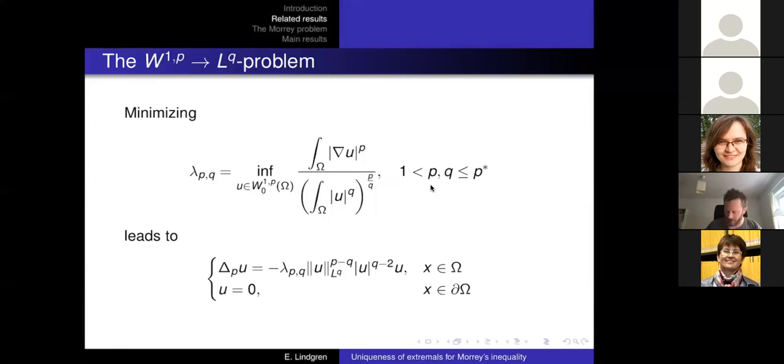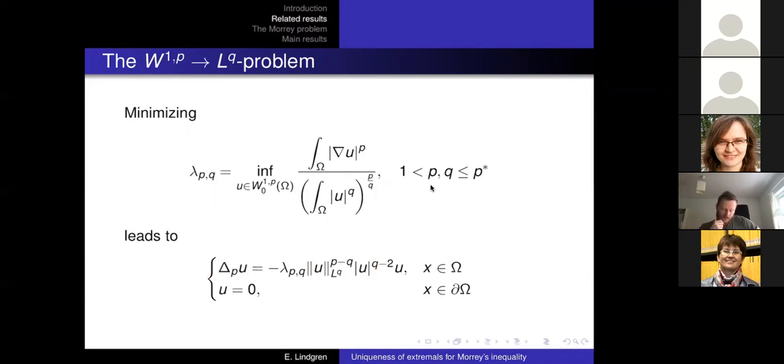And then, of course, you need some restriction on q in order to have the embedding. So you can compute also the Euler-Lagrange equation straightforward from this. It looks a little bit more nasty, but you have the p-Laplacian still, and then there is a nonlinear factor here in front of u to the q minus 1.